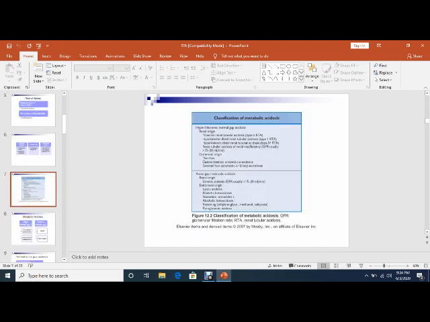Now coming to the classification of metabolic acidosis, it is divided into hyperchloremic normal gap acidosis, which is either of renal origin or extrarenal origin. If it is of renal origin, it is called proximal renal tubular acidosis, or type 2 RTA. So type 2 RTA is the proximal and type 1 is the distal RTA.